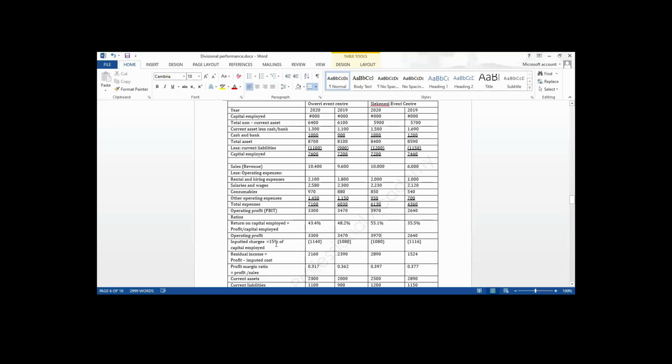Imputed charges, 15% of capital employed. Now, please come here. 15% of 7,600. Please compute. 1,140. Good.